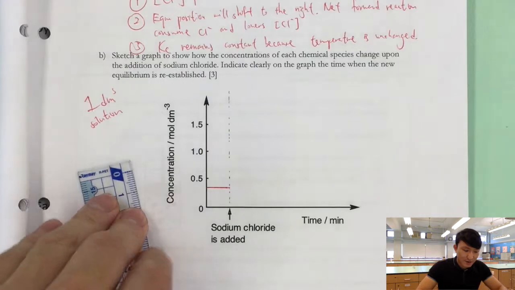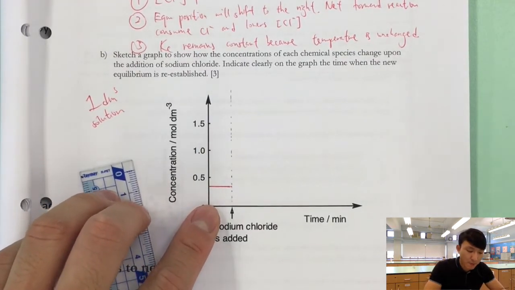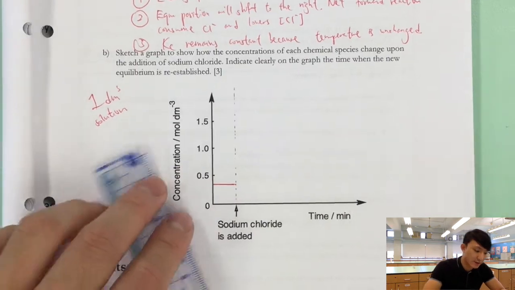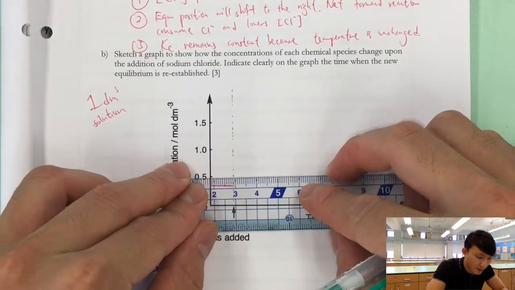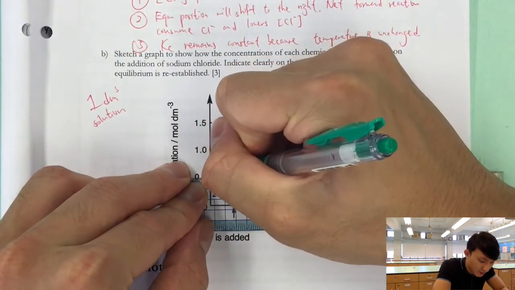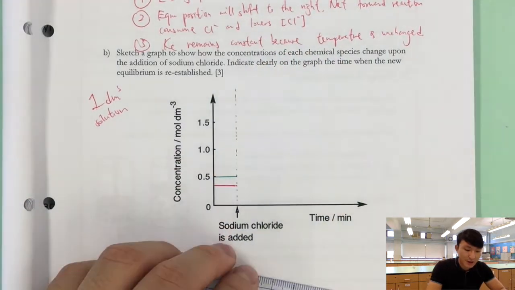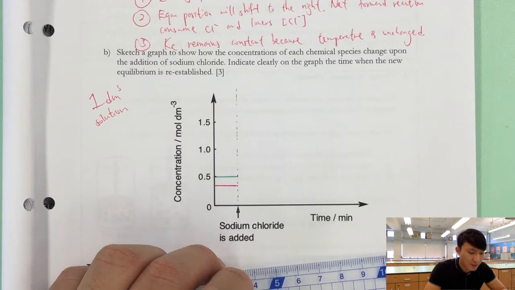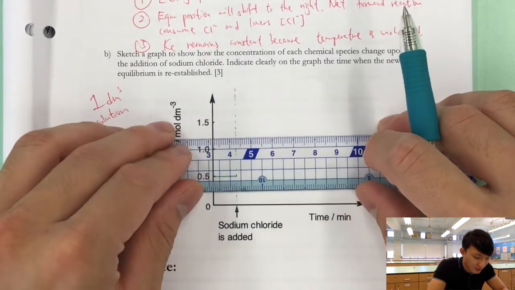Okay, so the red one is the cobalt, and then the chloride, I will use green. The chloride is 0.5, so it's over here. And then we also have our product, which is the complex ion, 1.2. Okay, let's do it here.